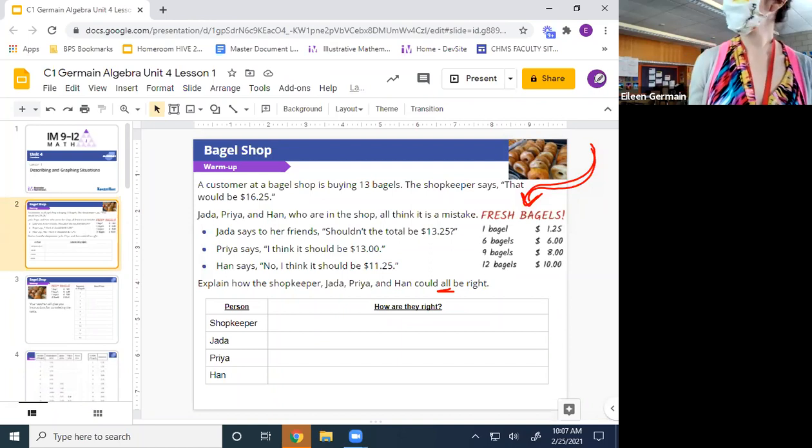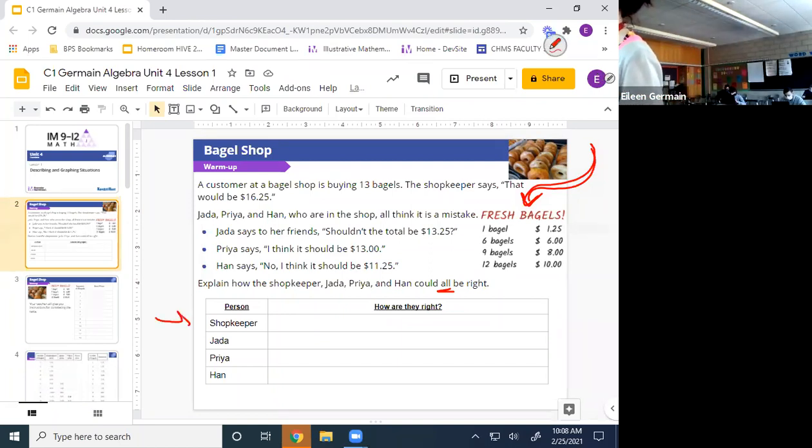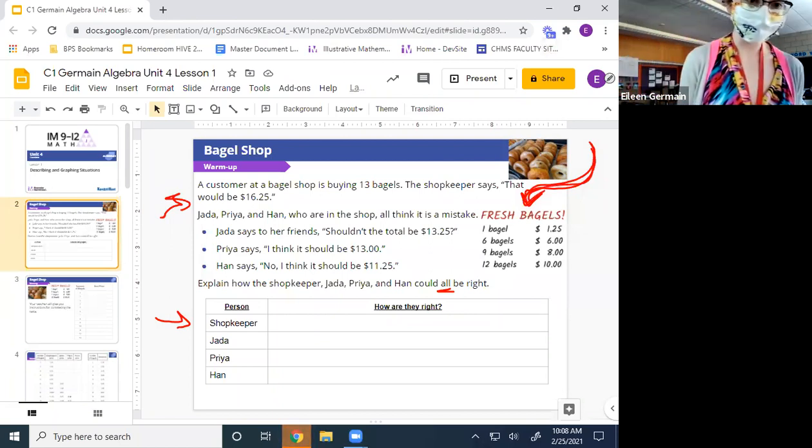You're on slide number 2 and you're getting started on talking about how each one of these people is right when they say how much they paid. Because if you look at this table of the prices, there are different combinations that would add up to those different prices that each person said.